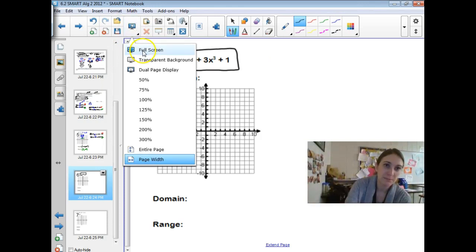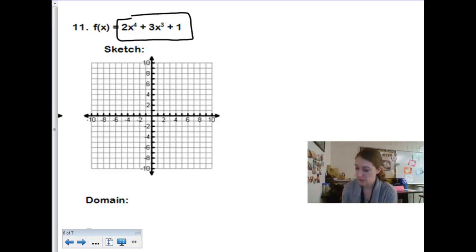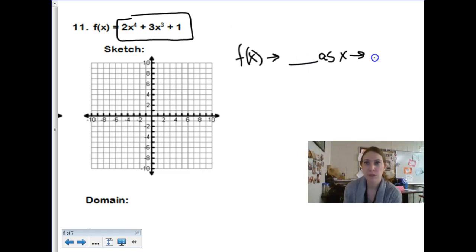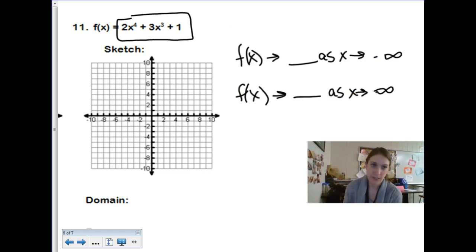Where's my paper? There we go. So, let's see. I filled out domain on the other screen, but let's talk about end behavior because that's our new concept. So again, left and right end behavior are the two ends that I'm referring to. And let's see, I don't remember exactly what this looked like, but you know, something like this.